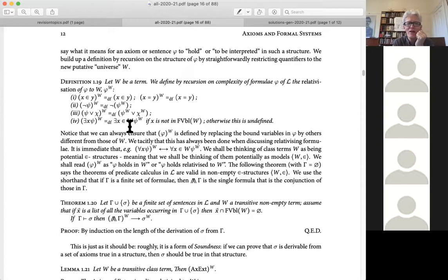Whatever concept this expression expressed before, now it's only talking about the things in W. So to check whether this formula comes out true in W, you just have to look inside W. It's not about anything outside W anymore.